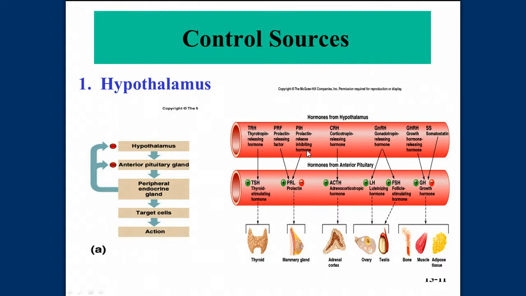So there are two different types of hormones that can be released from the hypothalamus to the anterior pituitary: a releasing hormone or an inhibiting hormone. It's sort of like, remember when we talked about excitatory and inhibitory neurotransmitters? Well, these hormones are chemicals that either will stimulate the anterior pituitary to release a particular hormone, or the hypothalamus releases a hormone that inhibits the production of that particular hormone. So that's from the hypothalamus to the anterior pituitary.